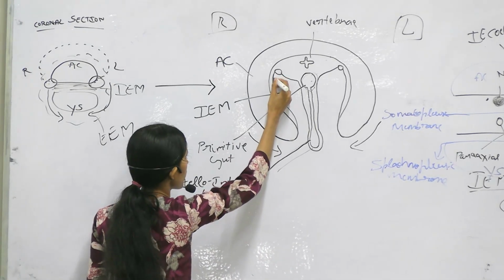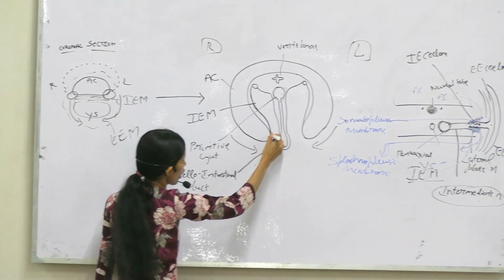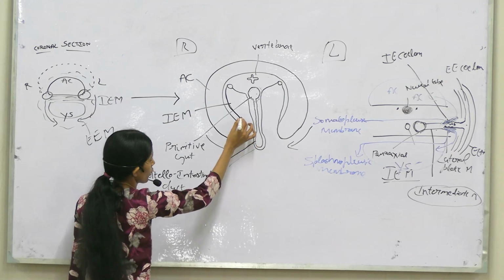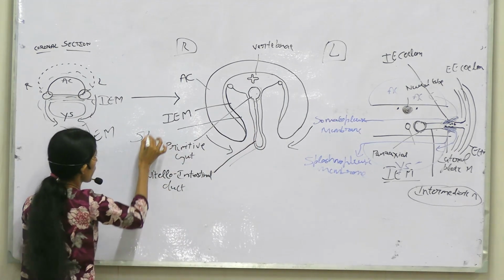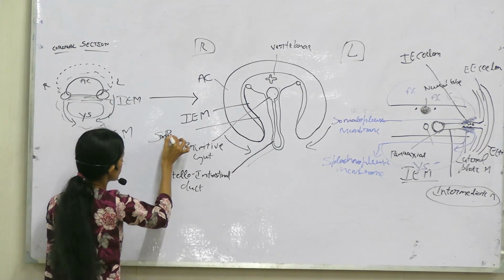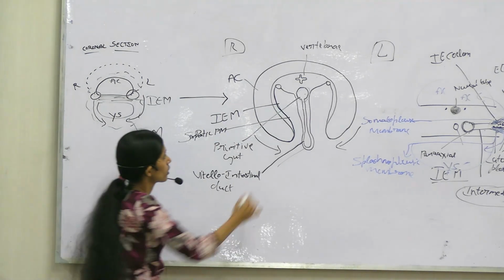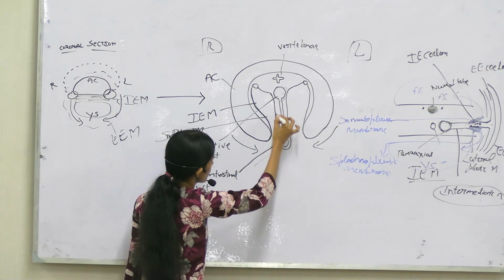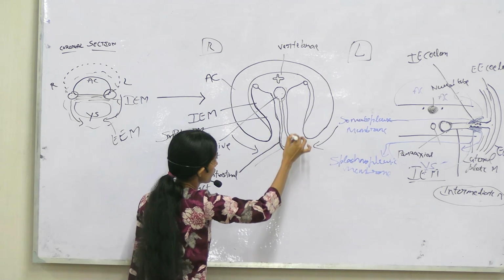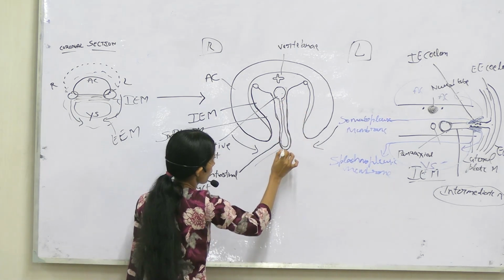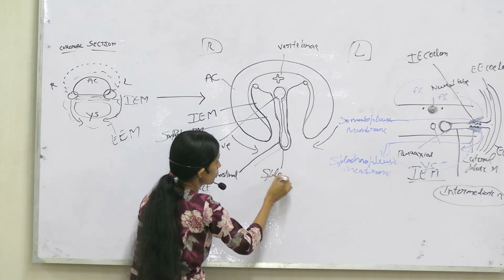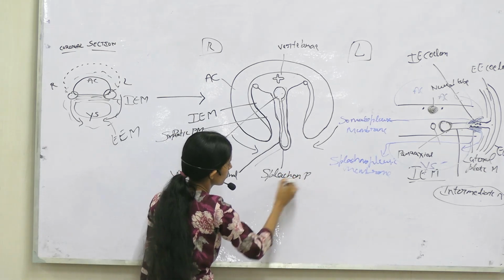So this layer, which is in contact with your amniotic cavity, is somatopleuric membrane. Now this layer, which is in contact with your yolk sac, is splanchnopleuric membrane.